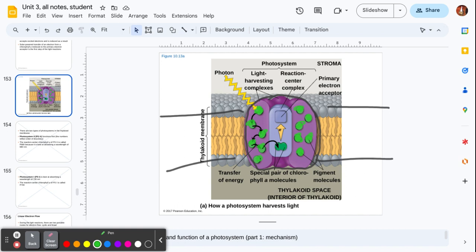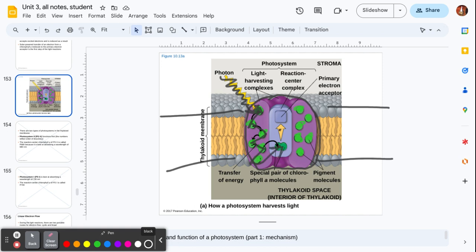Now, a photon of light comes along, and it's going to hit a chlorophyll molecule. And that electron is suddenly a little out of control. It's moving around. It is being passed from one pigment to another, to another, to another.